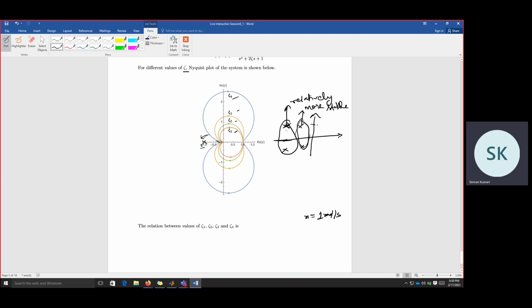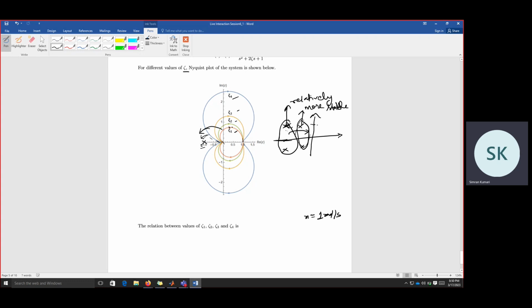Relative stability is large for these poles. As it moves towards the imaginary axis, relative stability decreases. In that case, if we consider the Nyquist plot, the lobes in the Nyquist plot will move towards the minus 1, j0 point.